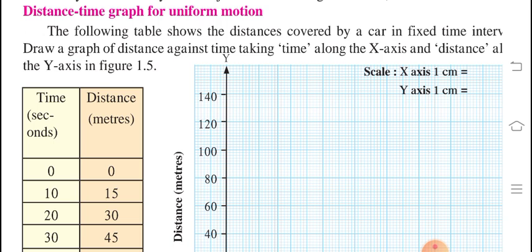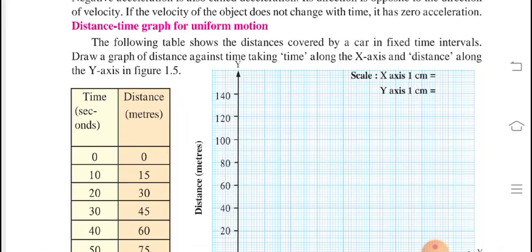If time and distance have an equal variance between them, it is uniform motion. Now we have to cover how to draw its graph.